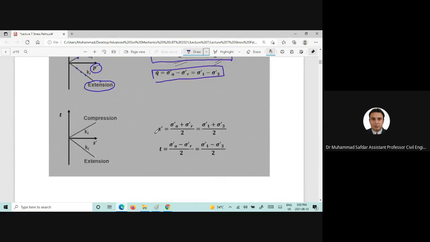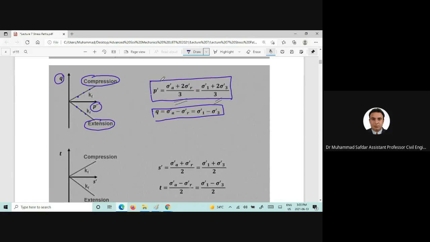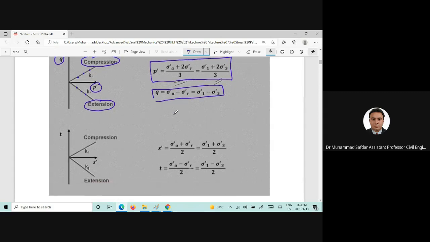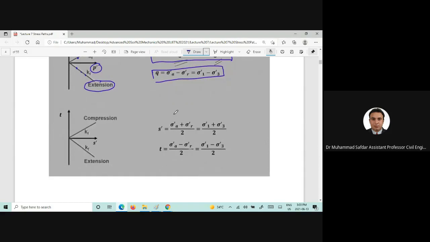Usually people ignore prime on the Q because you can easily find the deviator stress by subtracting sigma prime A minus sigma prime R, and it's independent of the pore water pressure. So that's why people usually avoid prime on Q.